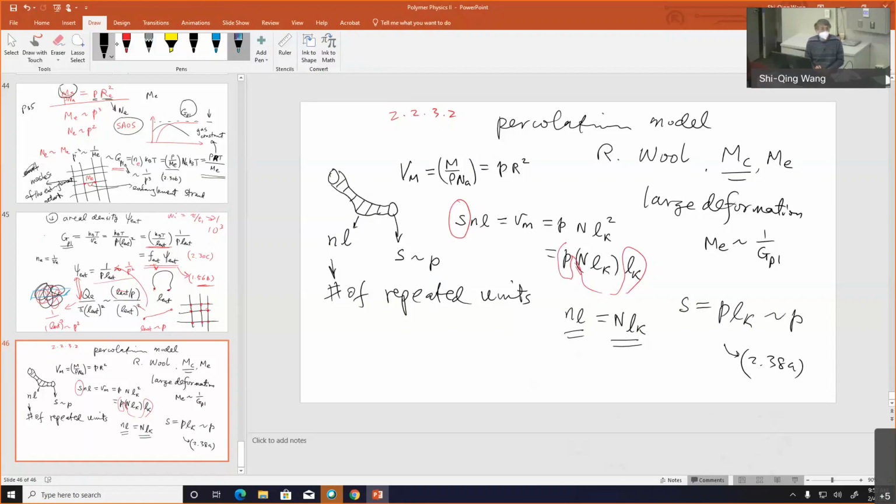Any questions? So this is just a little section for me to further illustrate why I claim that this P represents the thickness of the chain.